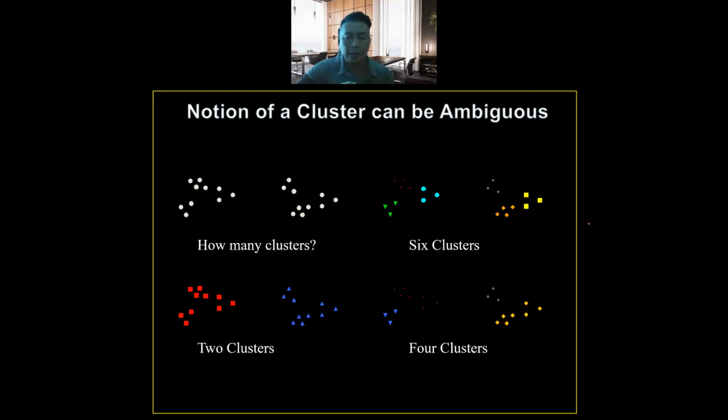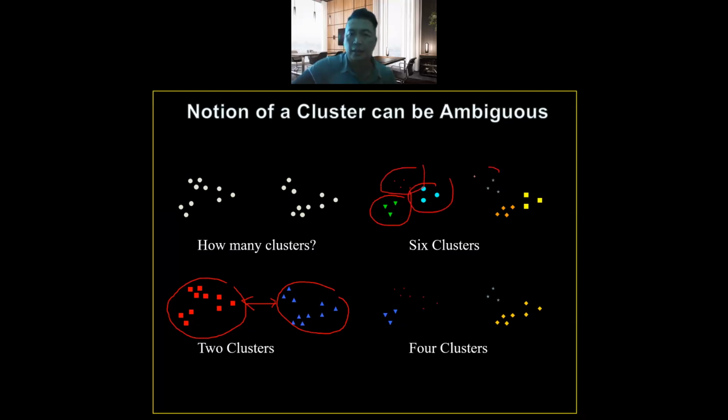The only way we can find which number of clusters is the best is to compute how compact they are and how far they are separated from each other. So for this one, we have two clusters. We want to know the compactness of these clusters and how far they are separated.